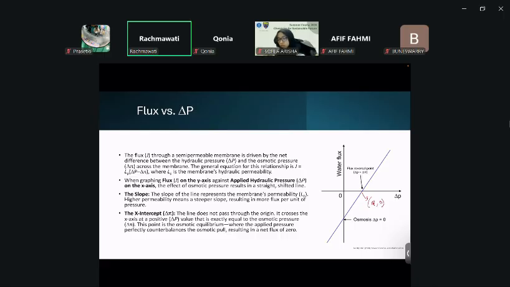The 0 is the water flux, and the delta P is the difference in osmotic pressure, meaning there is actually no movement of water, because the pressure that you apply is the same as the osmotic pressure. At this point, we call that osmotic equilibrium. The applied pressure perfectly counterbalances the osmotic flow, and it results in a net flux of 0.